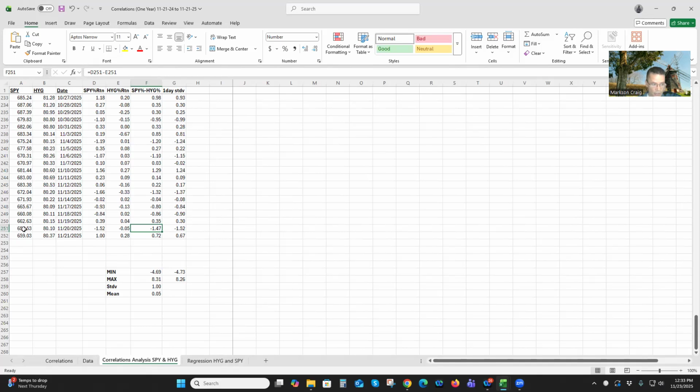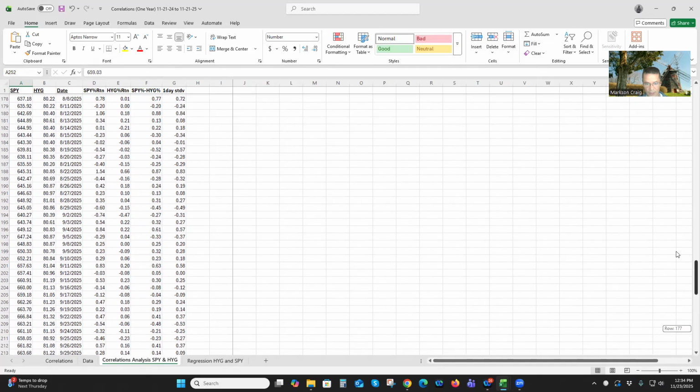And as you notice, on Thursday SPY closed at 652, and on the following day it closed at 659.03. So we had a nice up move. So this model is pretty effective.